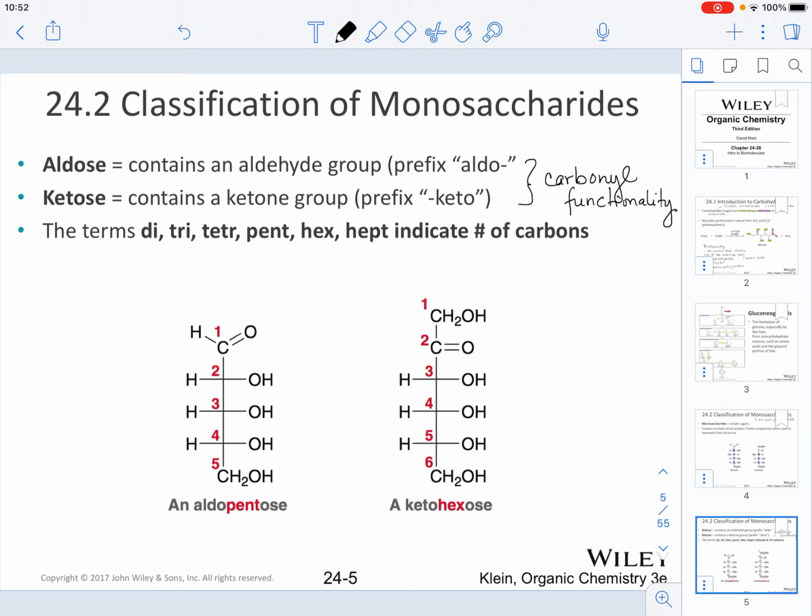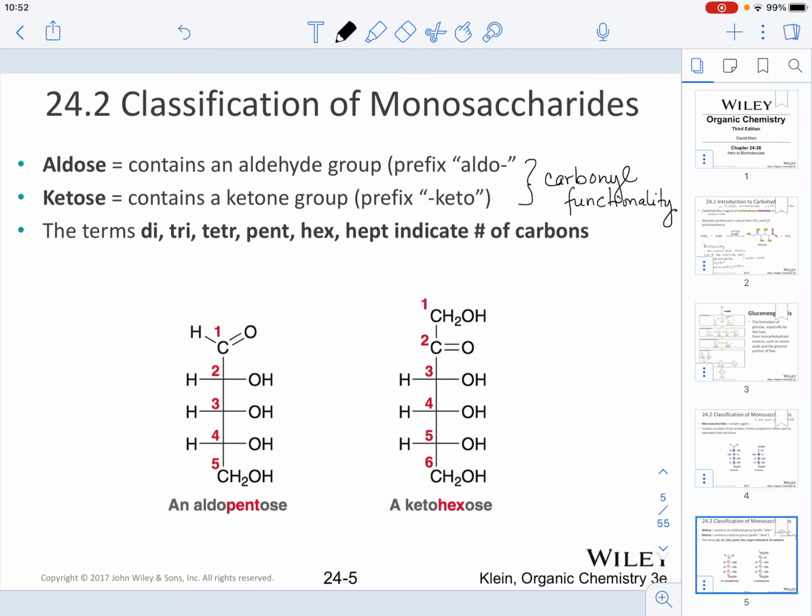In terms of the number of carbons, we are going to use very specific prefixes to denote the number of carbon atoms. So if you have 2 is di, 3 is tri, 4 is tet, and then from 5 on, we are going to classify it based on Greek prefixes.